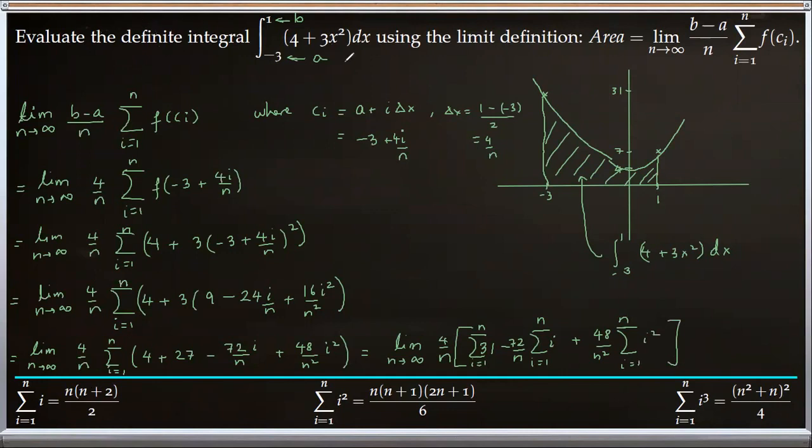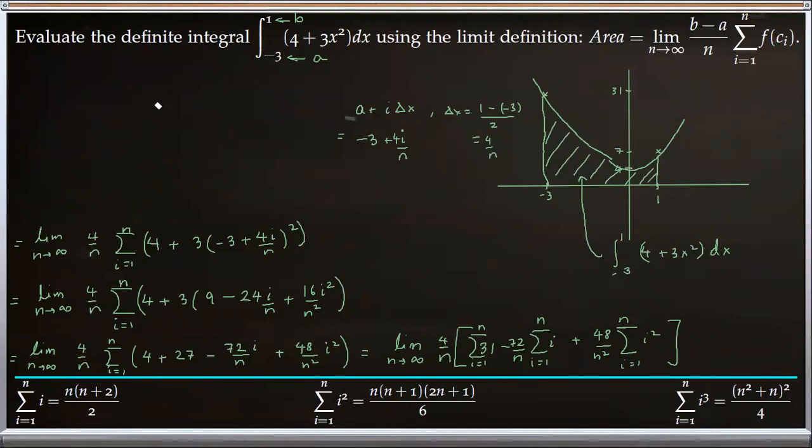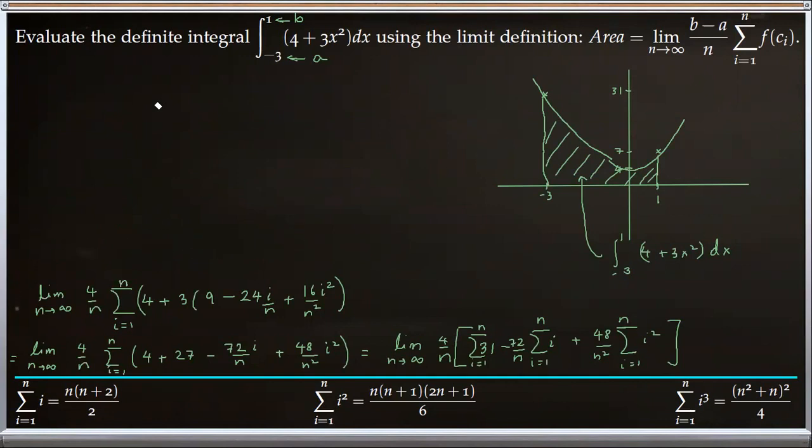Let me free up some space over here on the top. I'm going to start writing over here now. So this becomes limit n goes to infinity, 4 by n in the front.